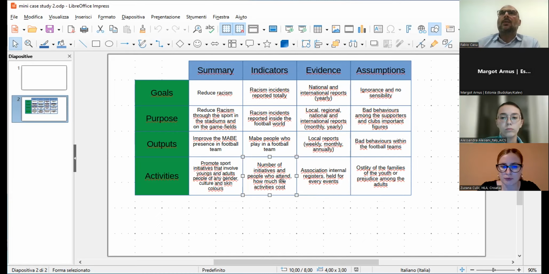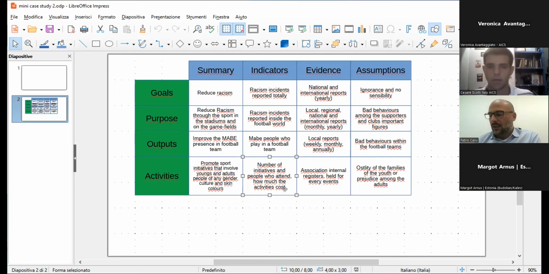Why is an indicator target necessary? Because if you do not write down a target, you will never know if you have accomplished your activity. If you say, I want to make some initiatives, how many? Just think about your evaluators, the evaluators of your project.